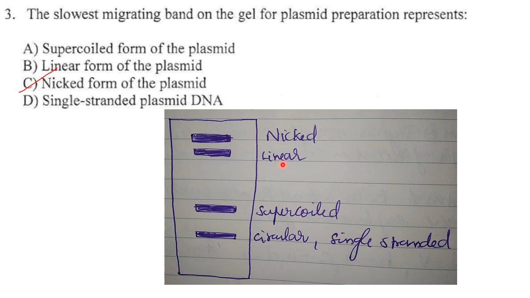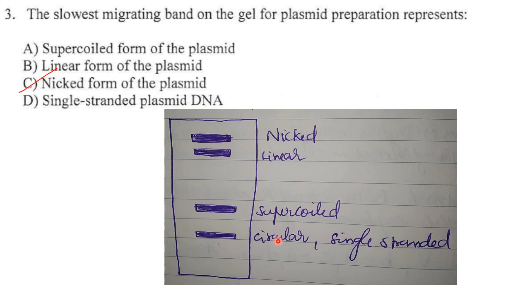Then circular single stranded plasmid. This happens when you are isolating plasmid DNA by the alkaline lysis step and you incubate the plasmid DNA for too long in the alkaline lysis buffer, then the DNA can become permanently denatured and give rise to single stranded closed circles that will migrate ahead of all the other forms of the plasmid.